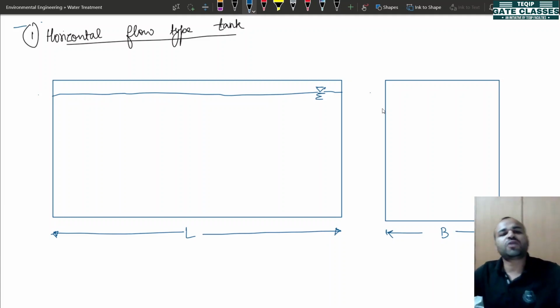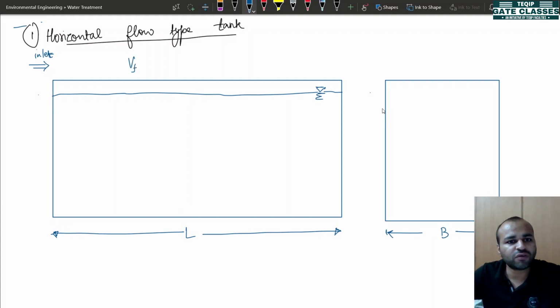So what do we mean by horizontal flow type? It means that there is an inlet from which water is coming, entering the tank at a velocity, that is the flow velocity. And there is an outlet in the tank from where the water will be flowing outwards to the next process.